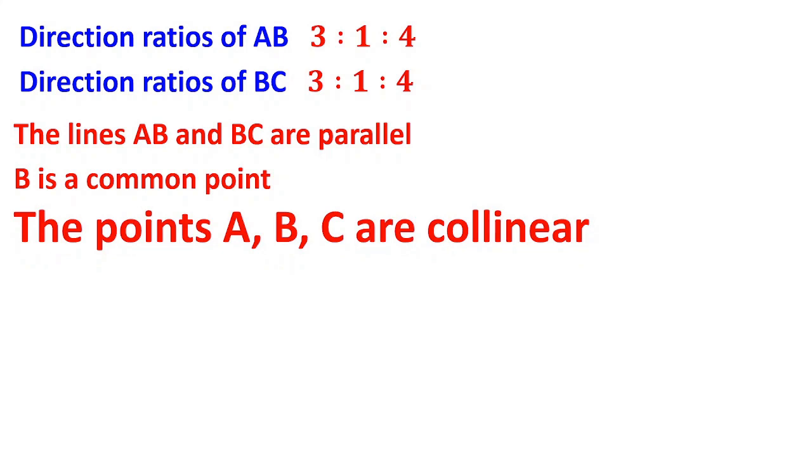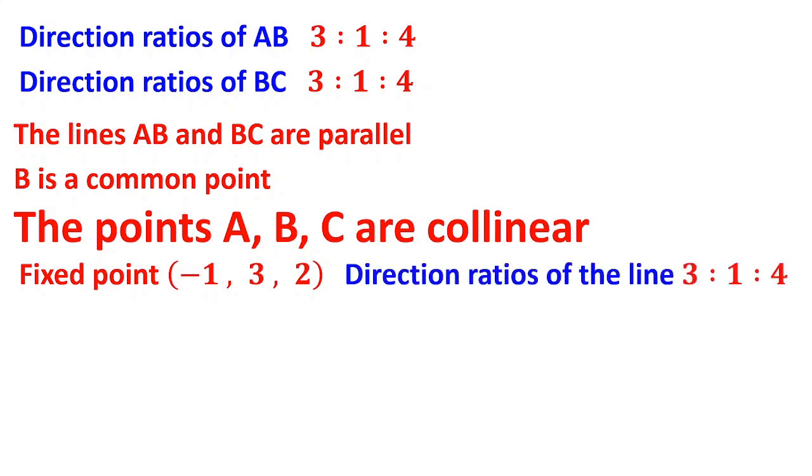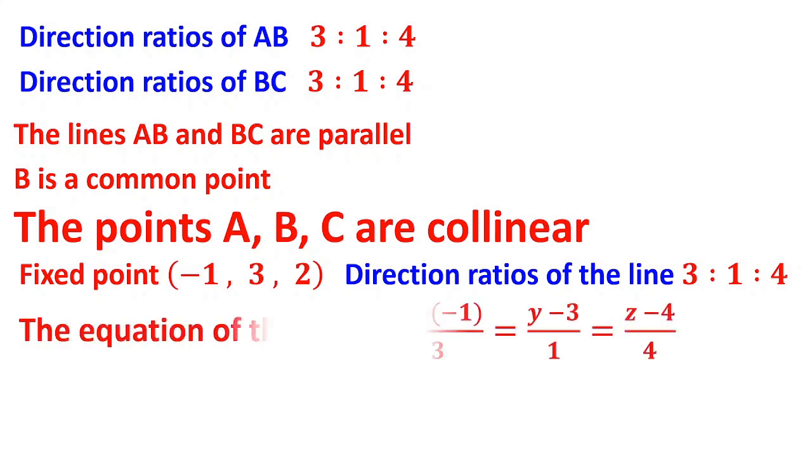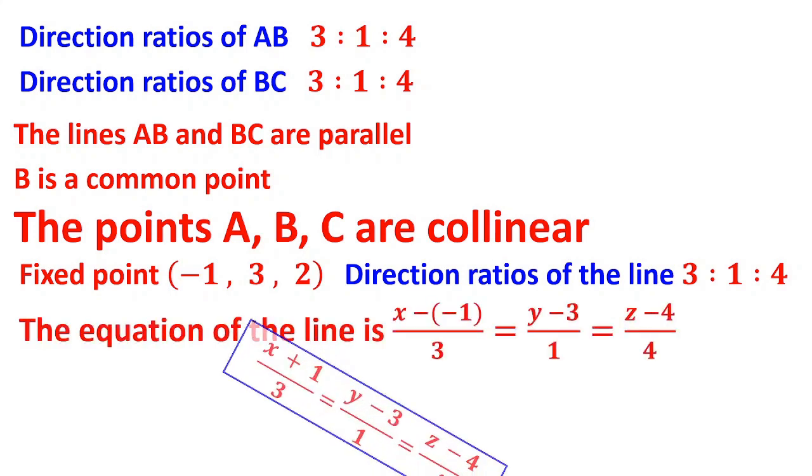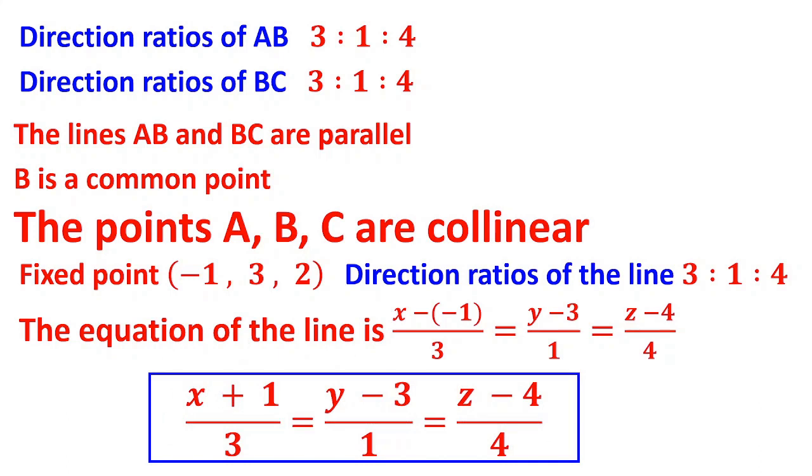Now collinearity can be proved by making use of this idea only, making use of direction ratios. But now we have to find the equation of the line containing them. It is very simple. We have a fixed point. You can take any point, either A or B or C: minus 1, 3, 2, and direction ratios already we have obtained as 3, 1, 4. Therefore it will be (x minus of minus 1), therefore (x plus 1)/3, (y minus 3)/1 and (z minus 4)/4.